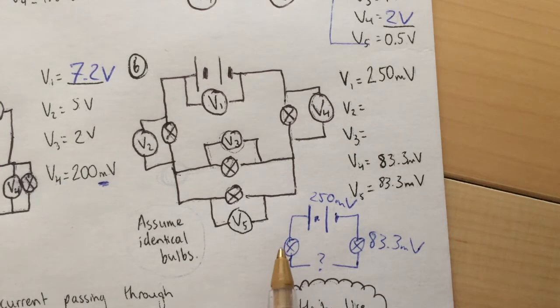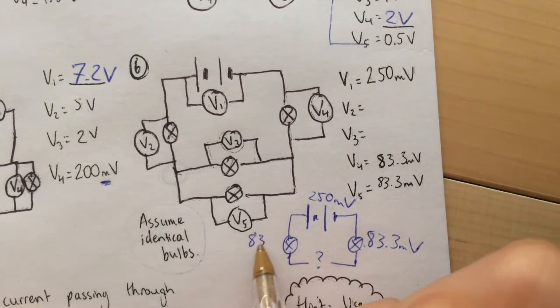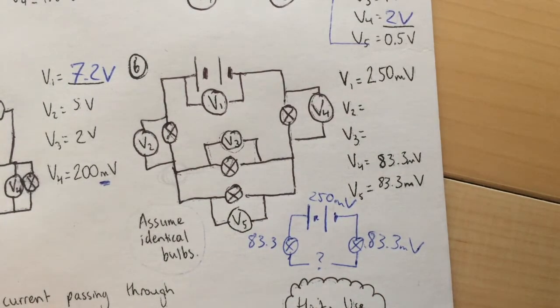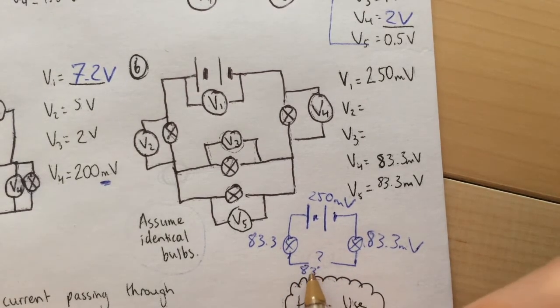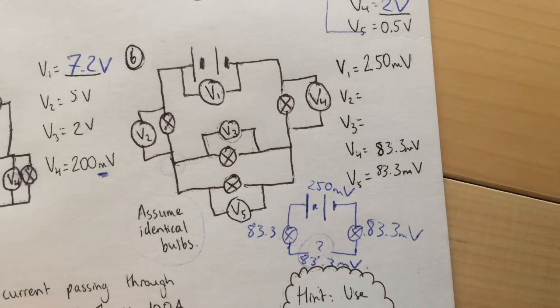We are assuming that the bulbs are identical. So if these bulbs are identical, they must have the same potential difference across them, which means this unknown thing, if we do 250 minus these two numbers, we are left with 83.3 millivolts here as well. So this unknown thing must have a potential difference of 83.3 millivolts across it.